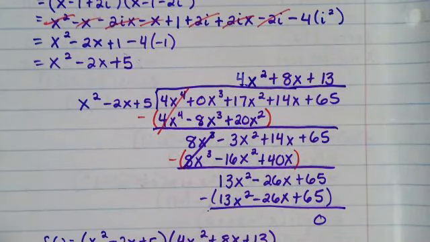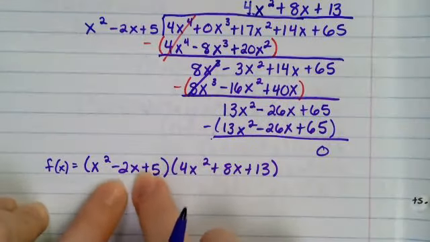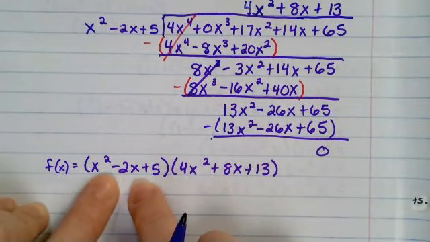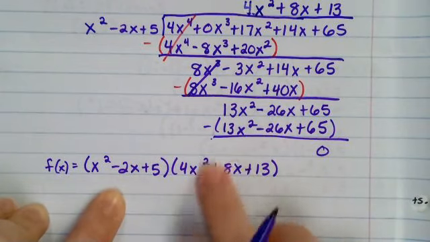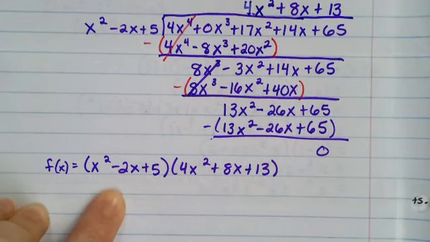Okay, now we know that this function right there, or this little part, breaks apart into our imaginary numbers, but we don't really know what's going on with this guy right here. And so we've got to figure out how to factor that thing.